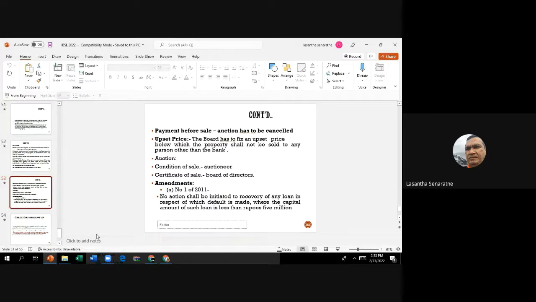And also, if the property belongs to another person, say I am the borrower and my spouse is the owner, in such an instance the bank can't go on parate. Those we call third party property. Sometimes the third party has not got any benefit out of that.